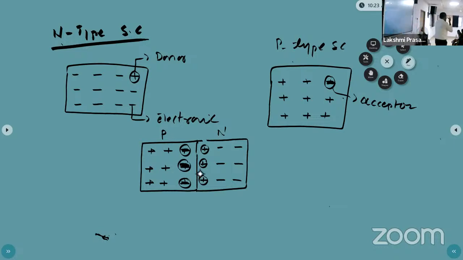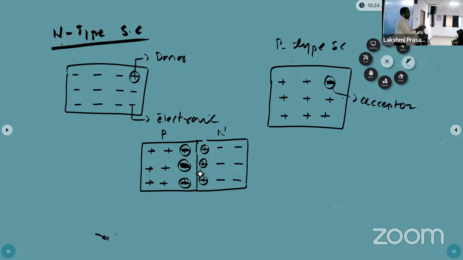Now listen. This is called the PN junction diode. How are we making the PN junction diode? By joining the P-type and N-type semiconductors, we are making the PN junction. Why are we calling it the PN junction? In the idle state, without applying the power supply, the N-type semiconductor is donating one electron and this is accepting, donating and accepting.